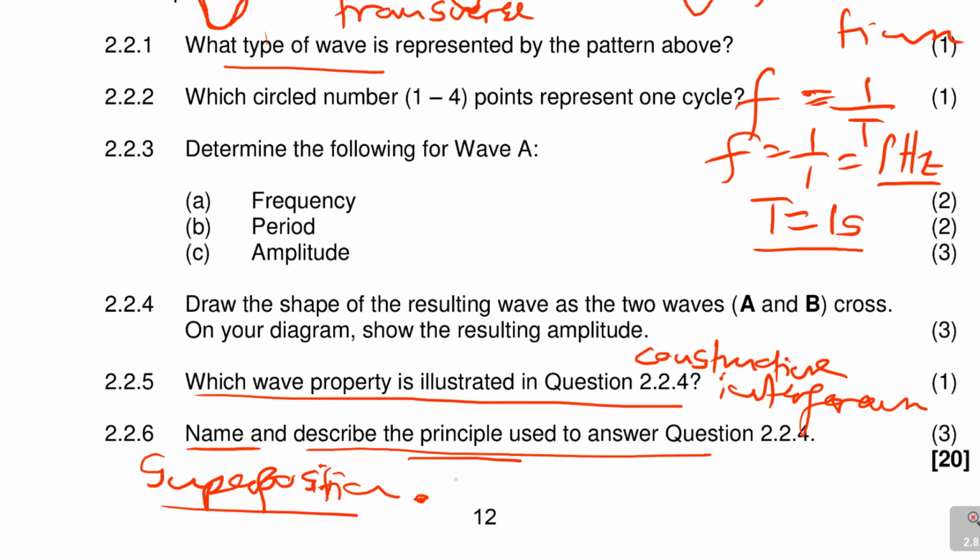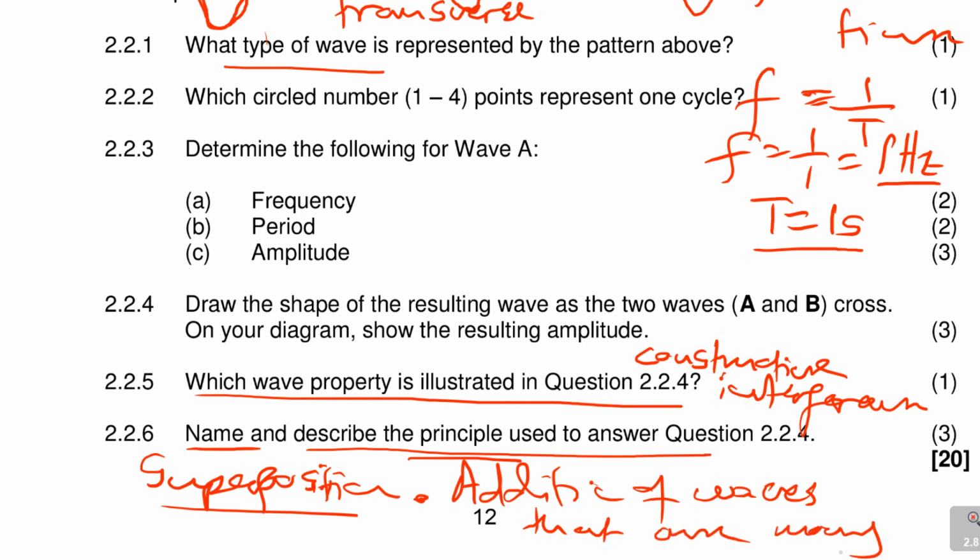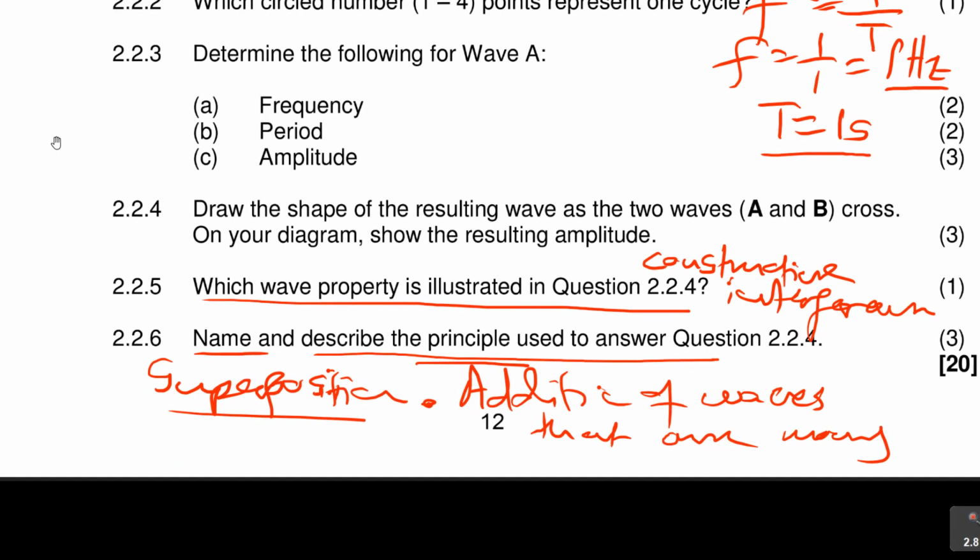Superposition is the addition of waves that are moving in the same line of action.